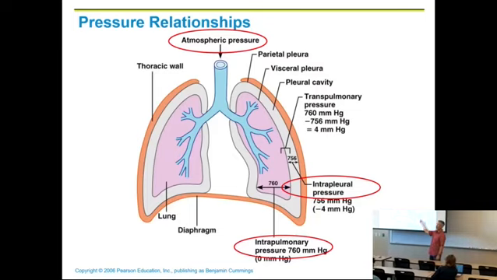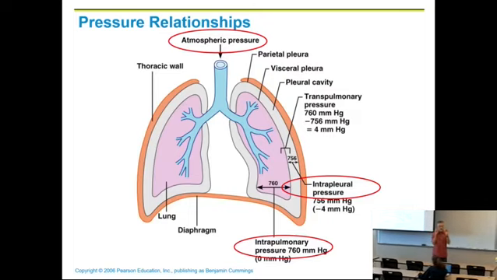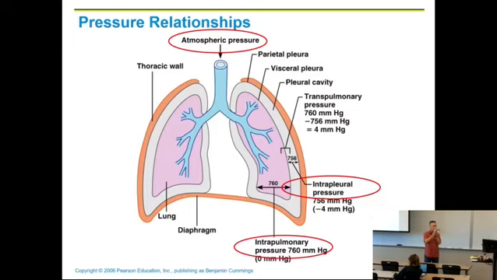So remember that those are your units for pressure, millimeters of mercury. And we can see that intrapleural pressure is below intrapulmonary pressure, technically below atmospheric pressure as well. So that negative pressure, if you will, creates that suction so that it stays against the wall. That's your explanation for why intrapleural pressure is important. It keeps the wall of the lung stuck to the wall of the cavity. Okay.